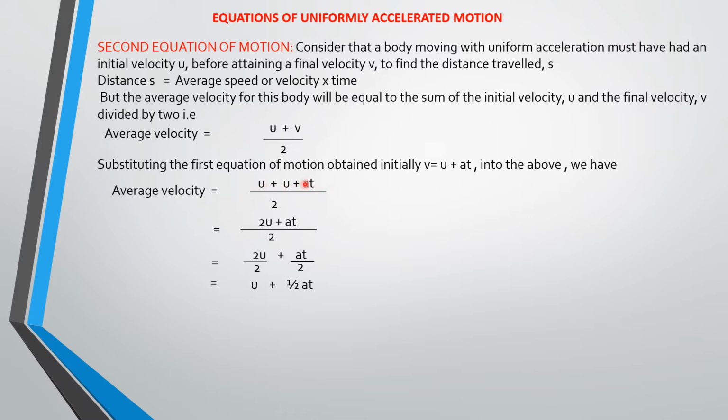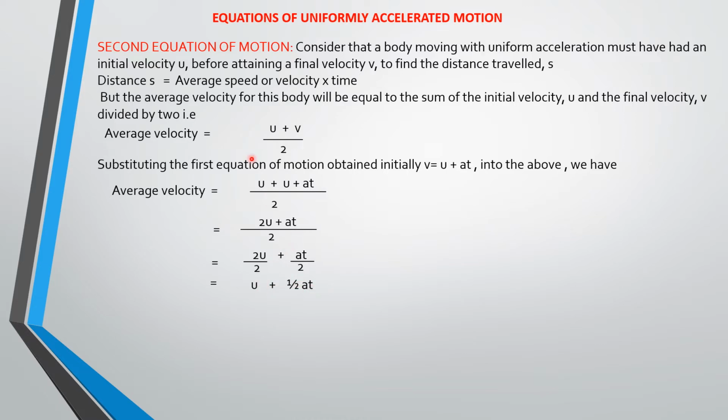Now collect like terms together, you have 2u plus at all over 2. You can also rewrite this as 2u all over 2 plus at all over 2. By the time you divide this, you are going to have u plus half at. This is what you will have as your average velocity.